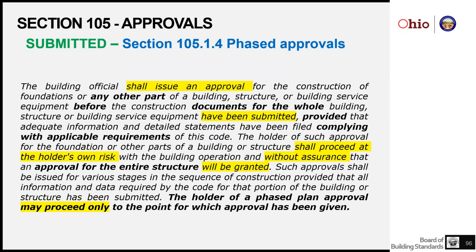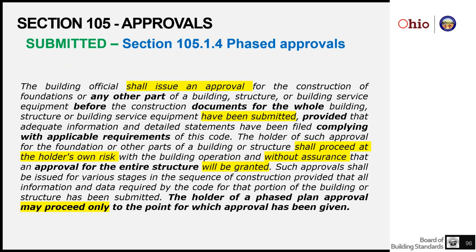Some people may refer to it as, we don't like to talk about it this way, but oftentimes people talk about the shell building. They can get some of it approved. It can get started construction, and more documents will follow to finish the whole building.